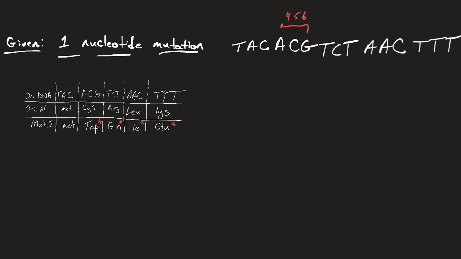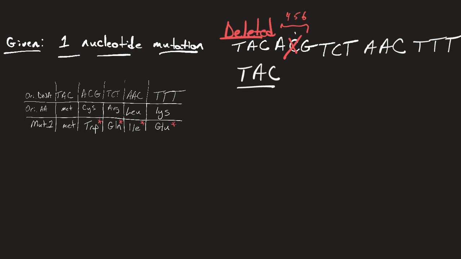Let's see what happens. Right now I have this. If I deleted, let's pick one of these three, let's say I delete C. Well, what happens to the whole sequence? It changes. Everything after that changed. So if I delete it, then I have T, A, C. That stays the same.